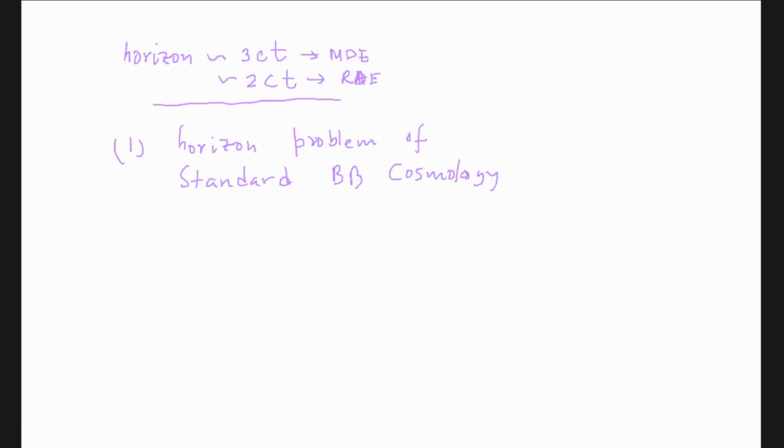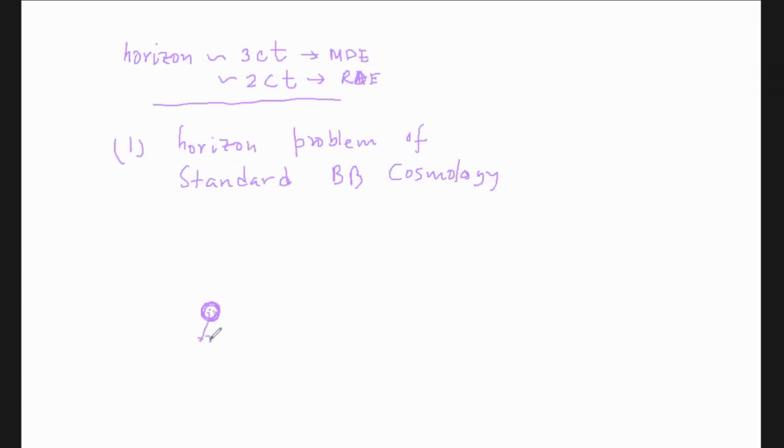That is the problem, and the solution to that is that in the beginning we need... So I'll tell you what happens. Suppose in the beginning of the universe you take a very small volume which is in causal contact.